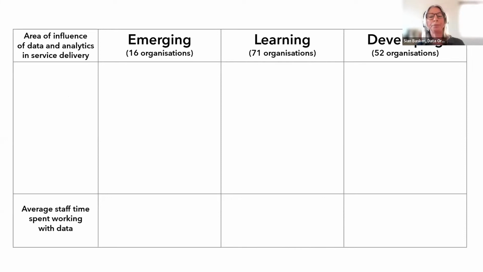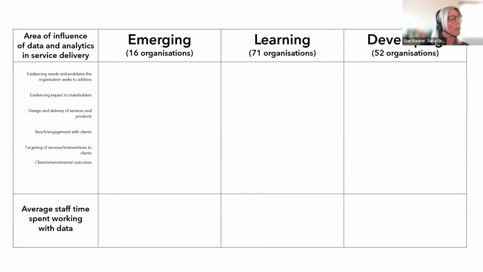So I should start by saying we ignored the unaware stage because we had no data, and we also ignored the couple of organisations at mastering because there weren't enough of them. So we've just focused on these 3 middle stages, and we're focusing here on service delivery, so the influence of data and analytics on service delivery.